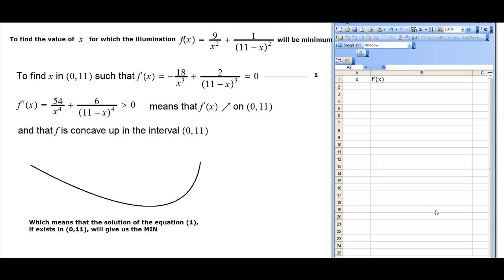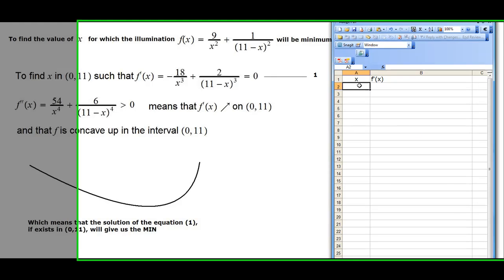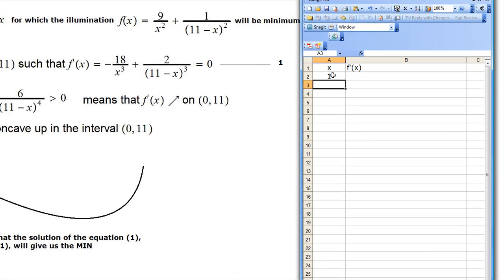Now let's use Excel to see whether we have any value in the interval (0, 11) where f prime of x becomes 0.